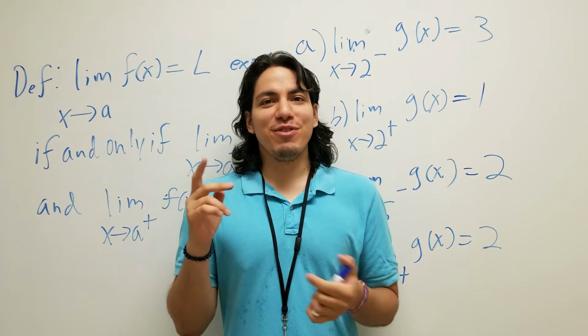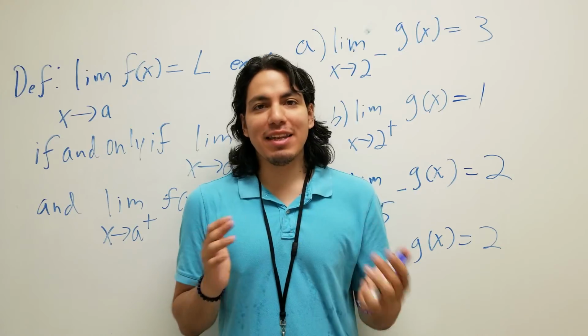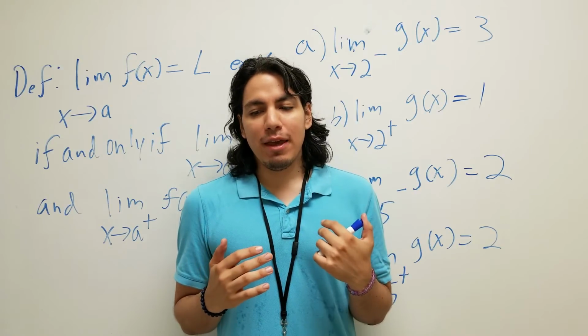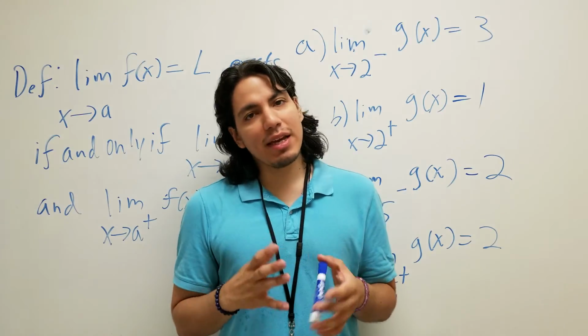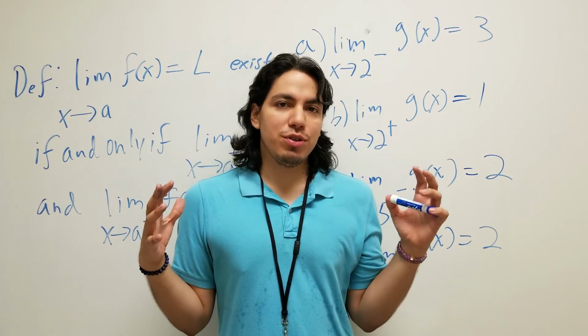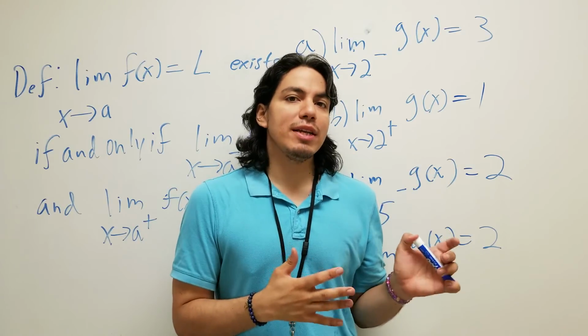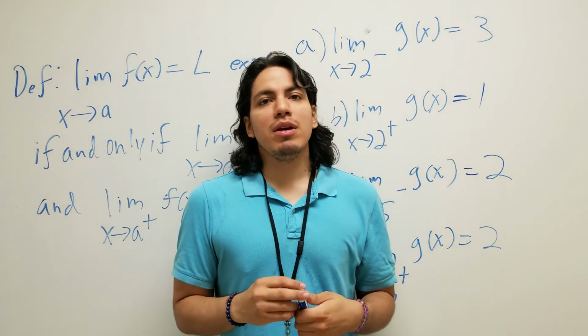The point that I'm trying to say is that left and right hand limits are somewhat easy to understand in the beginning, but it can get a little bit convoluted if we have harder examples. But I wanted to just break down what it is to understand limits a little bit better.